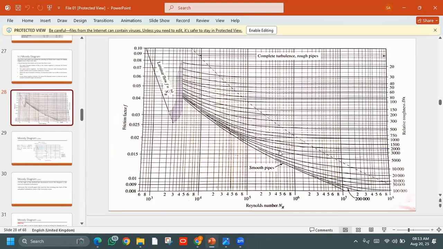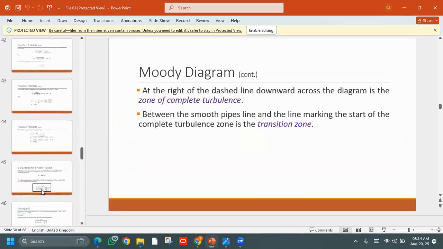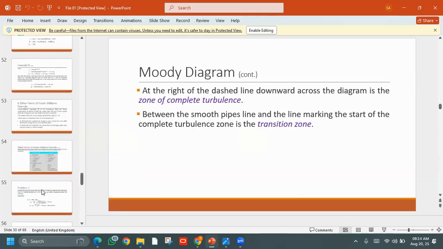Let's extend this line and check the point where the relative roughness D over E collides with that point, and then extend these lines in the direction of friction factor. That's how you calculate the value of friction factor by using the Moody diagram.